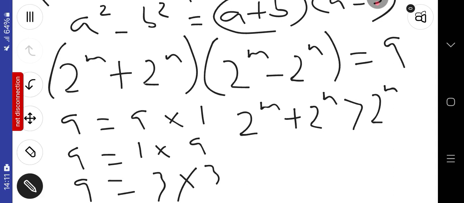Let me write the m properly. This is the first part, and it's greater than the second part.